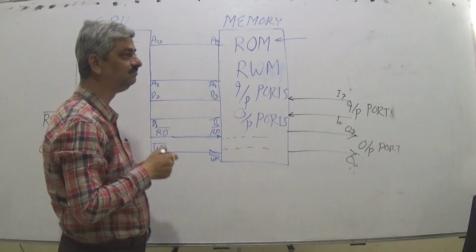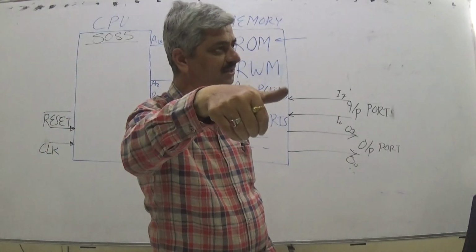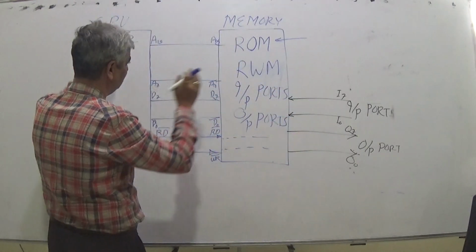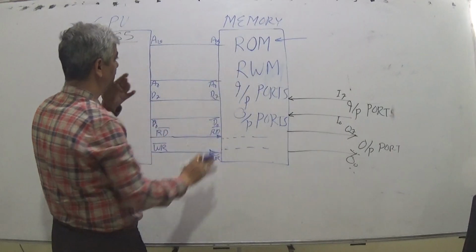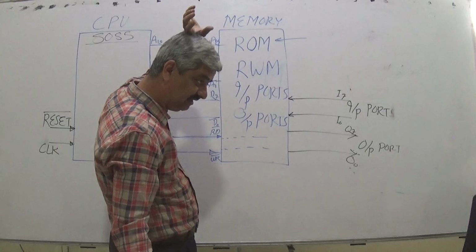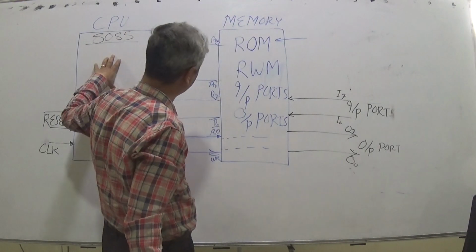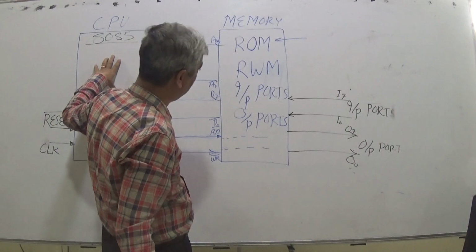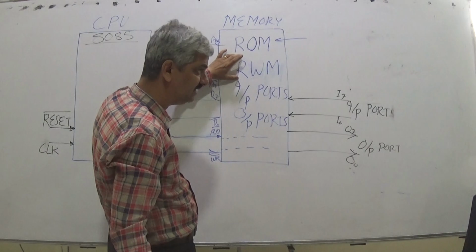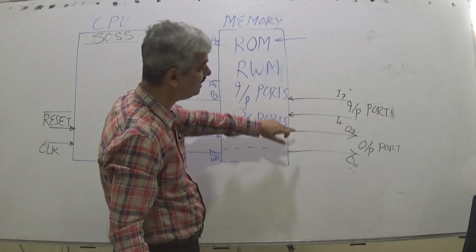Means the master programs the servant. The difference is that the servant's program is inside the servant. Here this together becomes the servant. So the master, that is the user, develops a program and puts it in ROM, which is executed by the microprocessor. For many of the parts, this read-write memory is required, and the main thing is input ports and output ports.